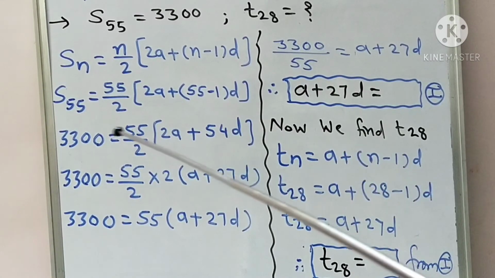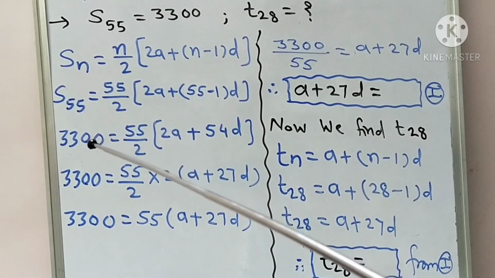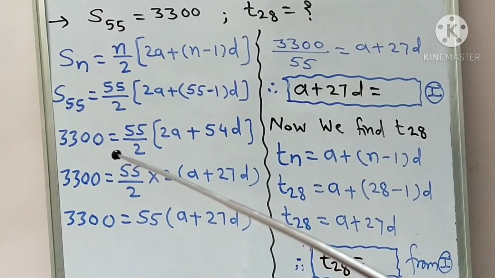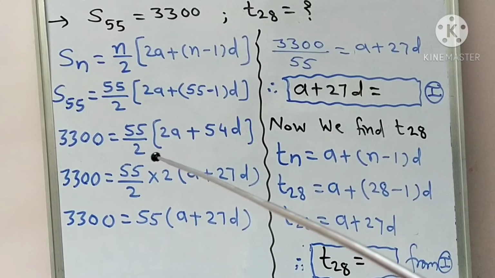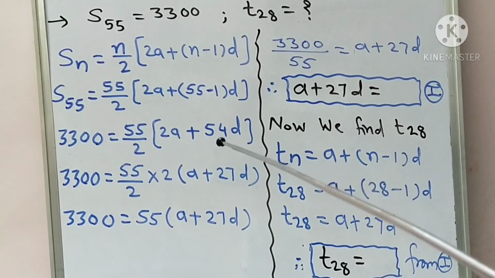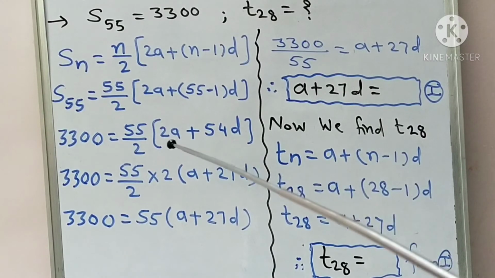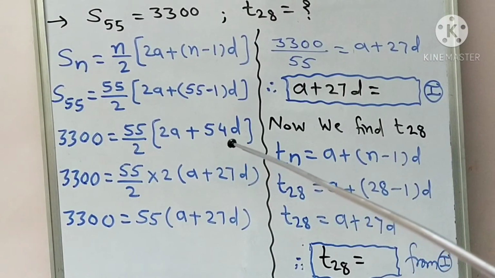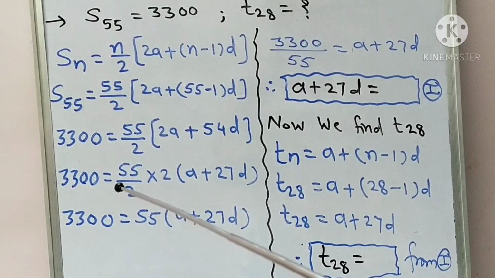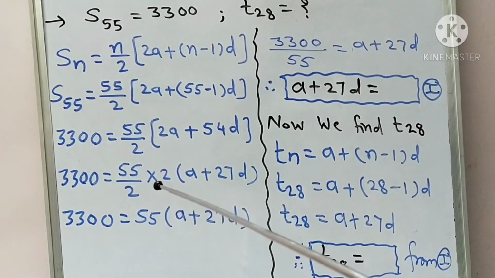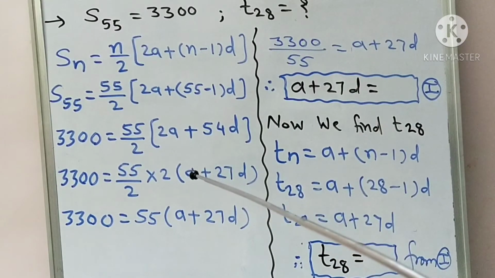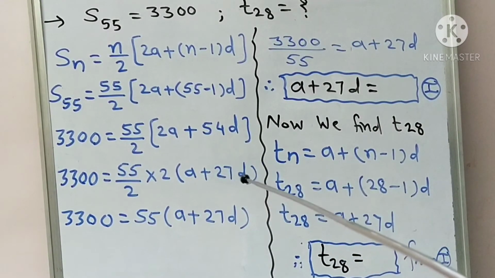We put the value of S55, the sum of 55 terms, which is given as 3300, equal to 55 upon 2 as it is, and we simplify the bracket: 2a plus the subtraction, 54d. What we notice here students is that 2 is common. So the next step is 3300 equal to 55 upon 2 into, taking 2 as common, the remaining terms a plus 27d.